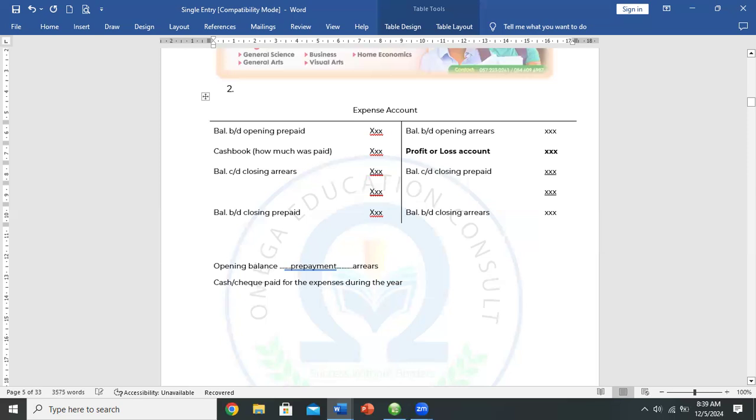And then finally, your closing balance, which can also be a prepayment or arrears. So these are the three basic things you need: opening balance, cash or cheque paid for the expense, and the closing balance. But you should always acknowledge that your opening balance and closing balance may be a prepayment or arrears.